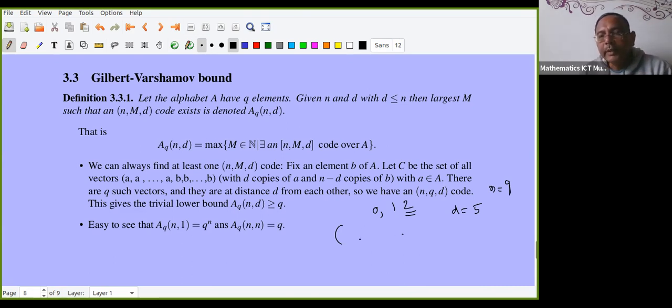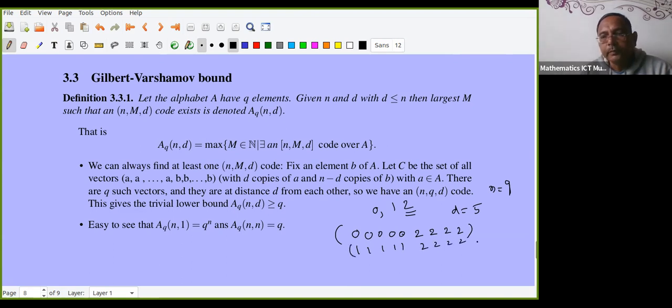So what am I doing? I'm taking 0, 0, 0, 0, 0, which is d copies of a, and this 2 I'm taking 4 times. Now again I'm taking 1, 1, 1, 1, 1, 2, 2, 2, 2.